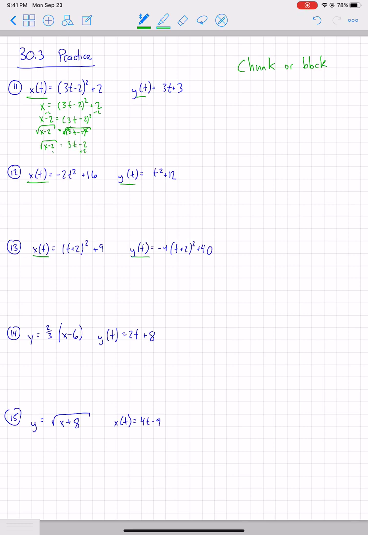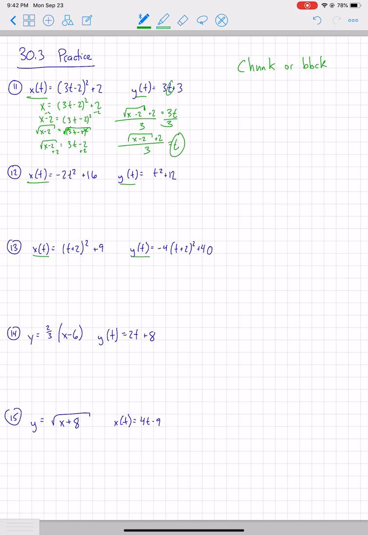So we can add 2 on both sides to get the square root of x minus 2, notice how I end the square root, plus 2 equals 3t. Divide by 3. So we get the square root of x minus 2 plus 2 all over 3 equals t.